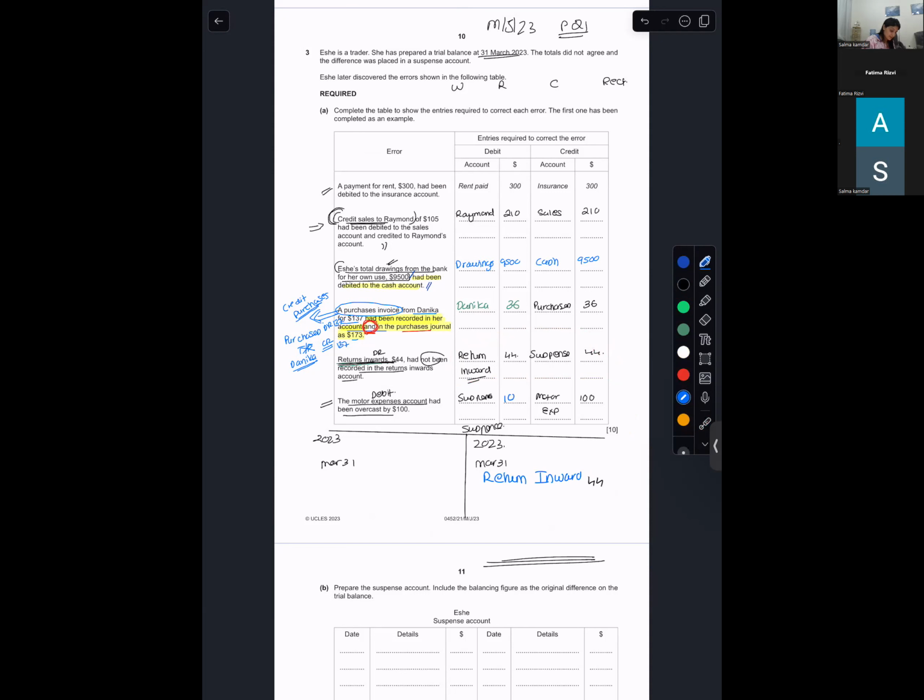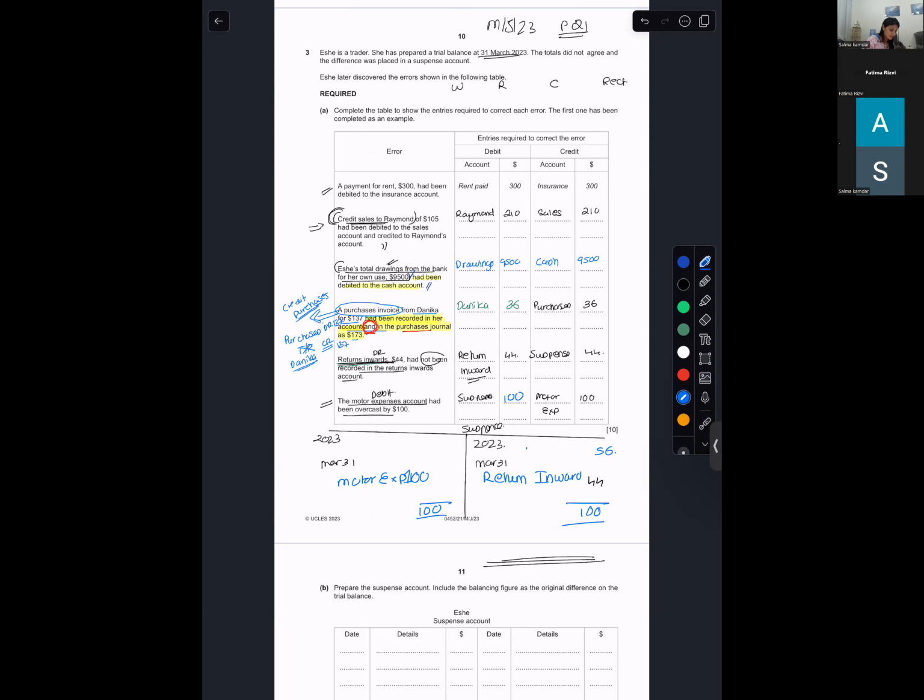Mahad, you say. Suspense debit, so motor expense will be recorded on the debit side. On the debit side of suspense, you will record motor expense 100. So what is the difference in trial balance? 56.